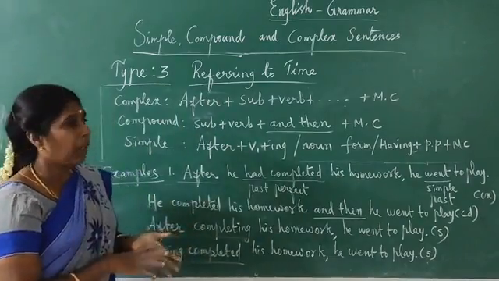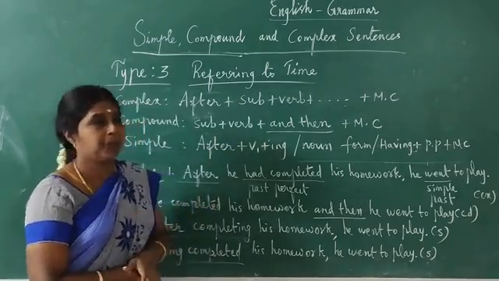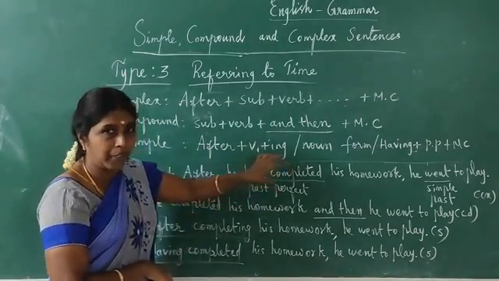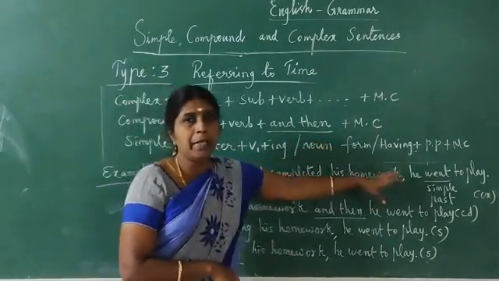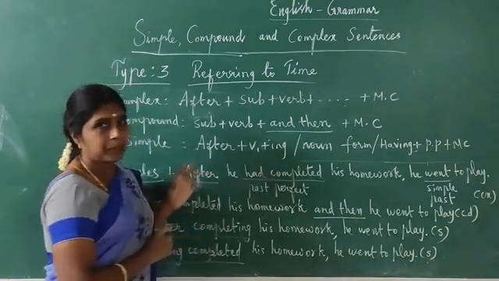Past tense only, but we have to find out which action took place earlier. Here he completed homework, then he went to play. So for the first one we have to write past perfect.